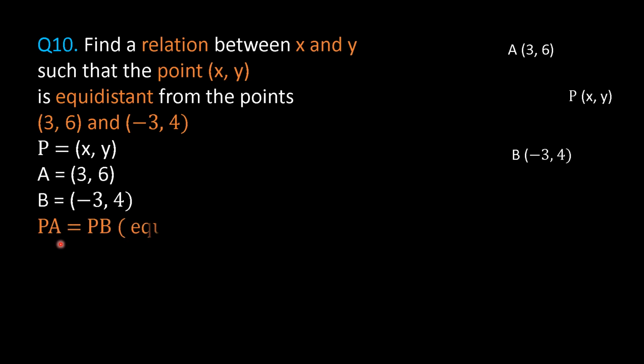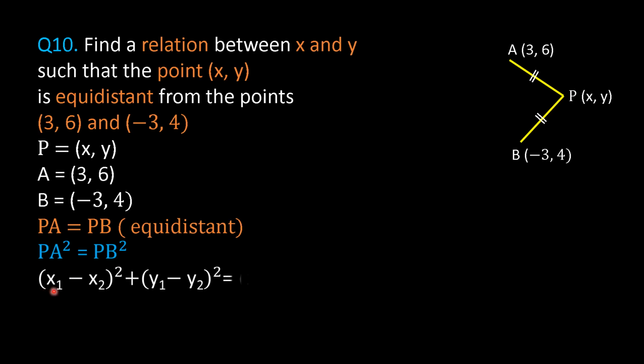We are given PA equals PB. That is, P is equidistant from A and B. We will square it. So PA square equals PB square. We will use the distance formula without the radical sign. So it will be this.